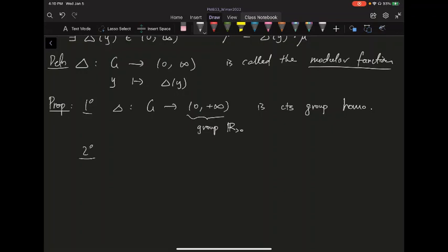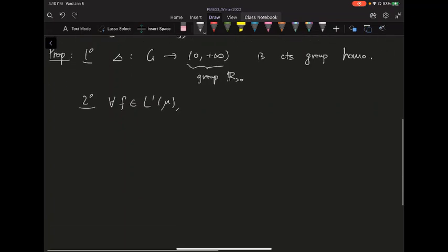And second, I want to show that for every f inside L1 of mu, if you want to integrate f of x, of course, because your mu is left invariant, the integral of f(x) d mu is the same as the integral of f(yx) d mu. You can put a y on the left-hand side.